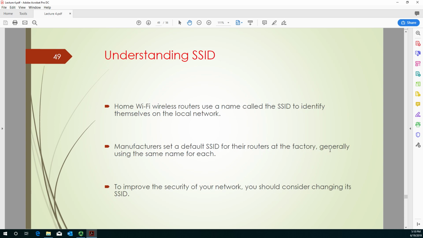So SSID is the identifier that identifies your local network. So the manufacturer has a written-in SSID, which is a default SSID, and then you can change the name of your network to something else.